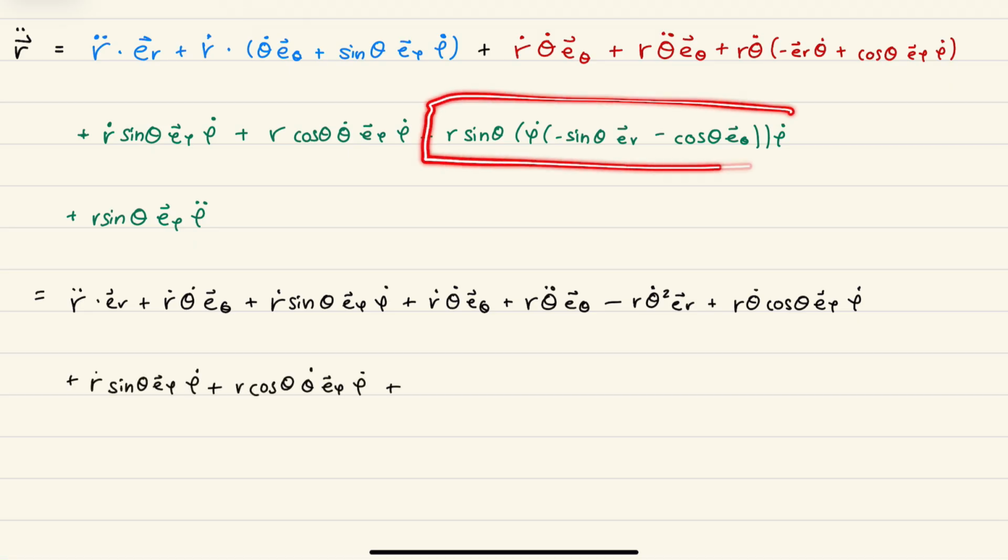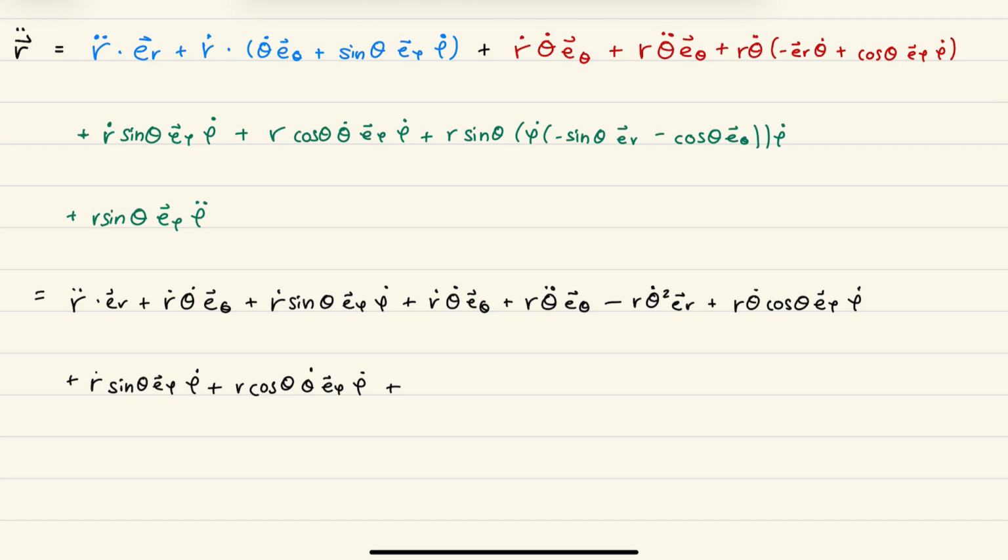Here, we're going to distribute the bracket, which gives us, since we have negative signs here and here, minus r sine squared theta phi dot squared er minus r sine theta cosine theta phi dot squared e theta.